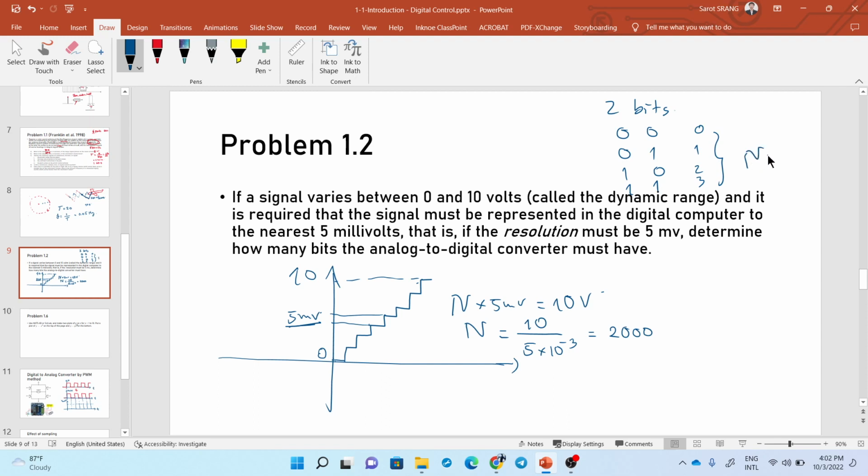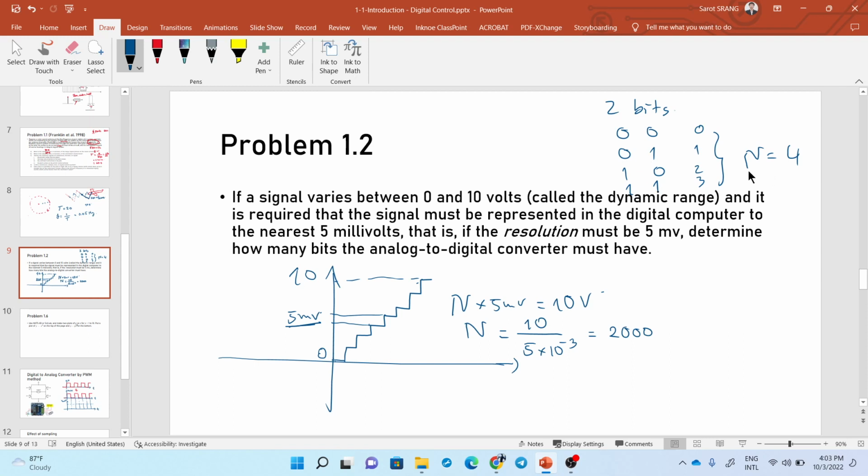In this case, N equals 4 only. So to get 2000, how many bits? 11. 11, but usually it's an even number, so maybe 12. Yes.